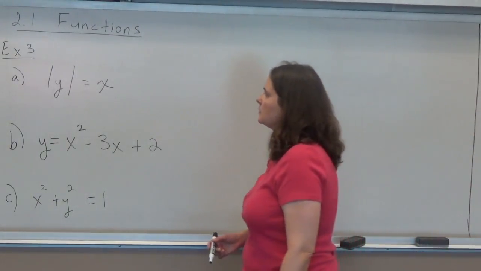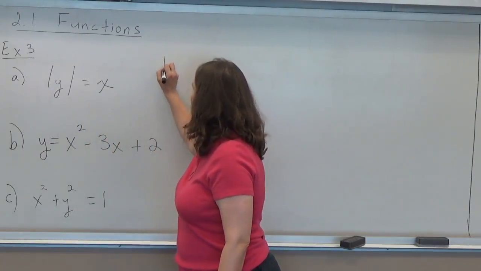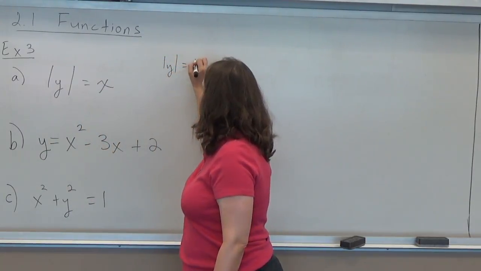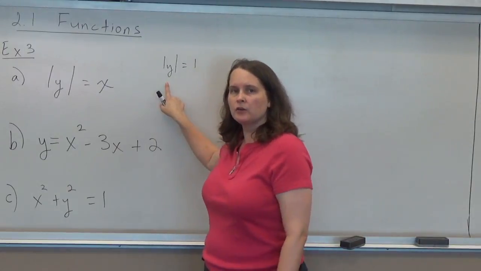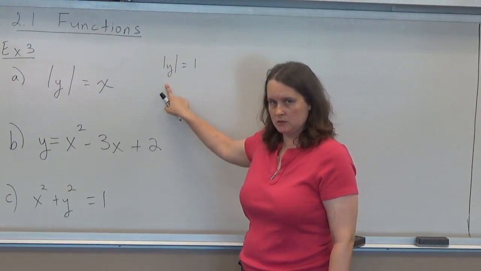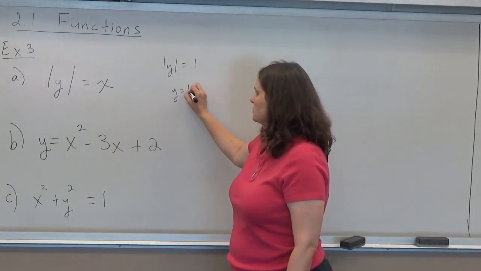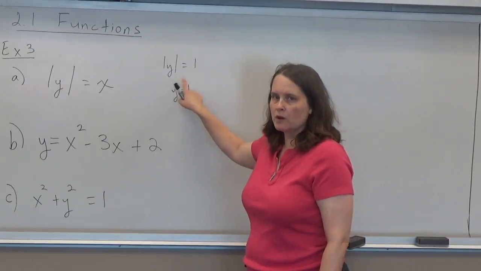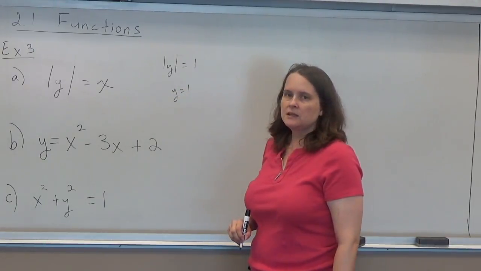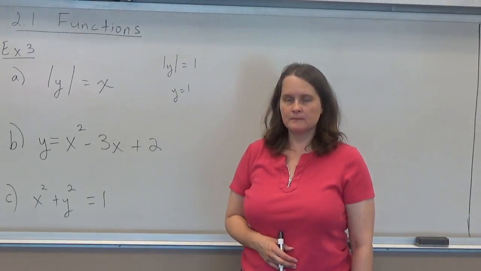If you let x equal 1, then you would have the absolute value of y equals 1. What value of y would make this true? And can you think of more than one that might make this true? If y equals 1, you've got a true statement because the absolute value of 1 equals 1. Is there anything else that you could put in for y that would also give you a true statement?